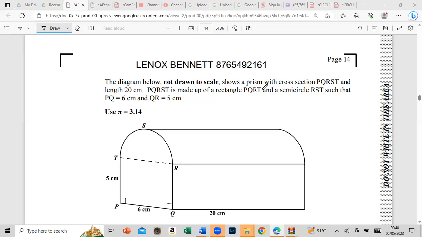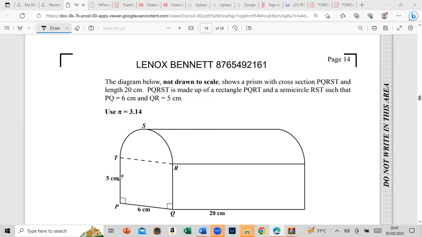Alright, so it says the diagram, not drawn to scale, shows a prism with a cross section PQRST and length 20 centimeters. So the length is 20 centimeters, and it says PQRST is made up of a rectangle PQRT and a semicircle RST such that PQ is 6 centimeters and QS is 5 centimeters.